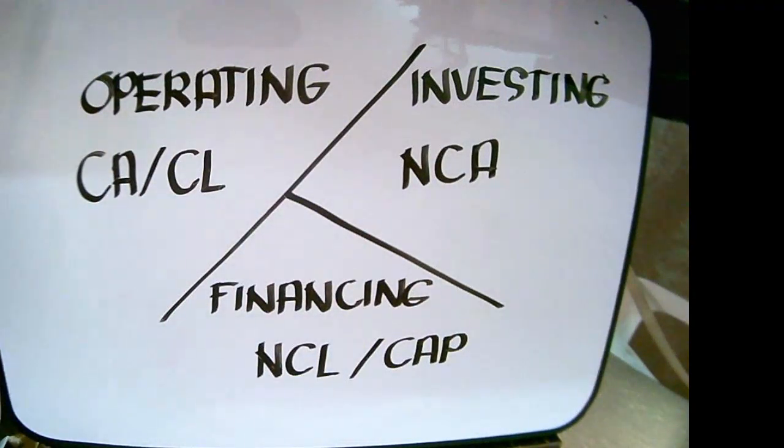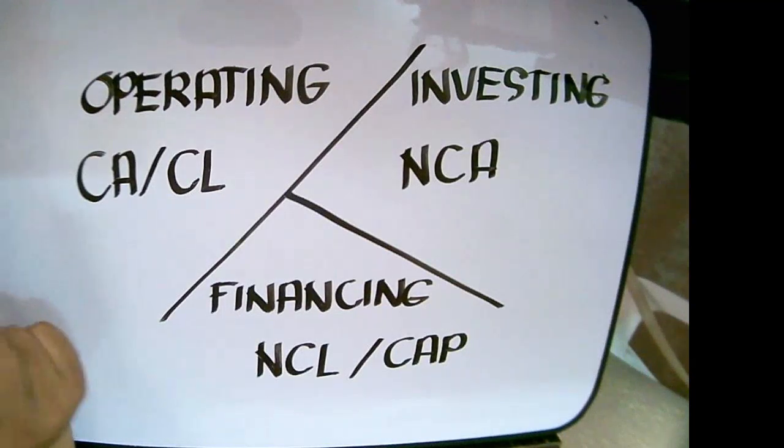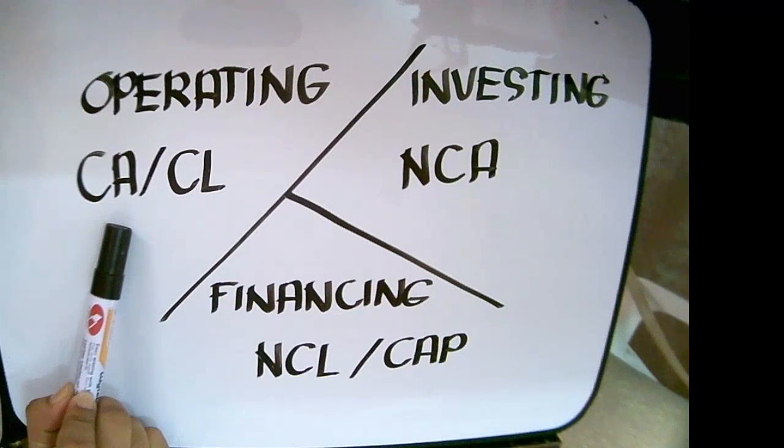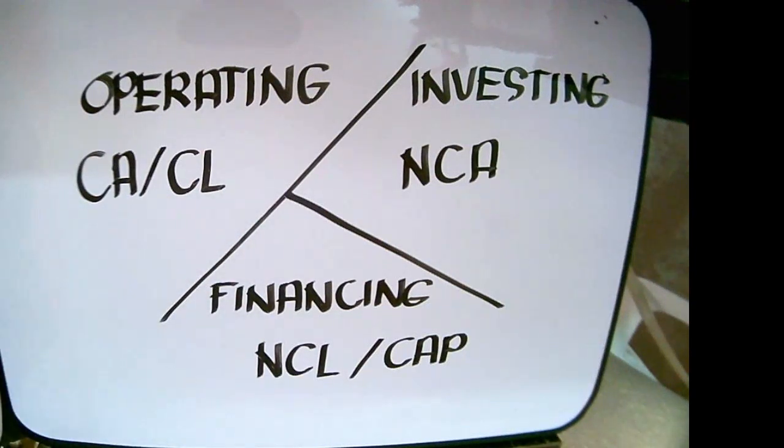So, under operating, ito lang yung mga importanteng dapat natin tandaan kapag gagawa tayo ng statement of cash flows. So, under operating, kapag naapektuhan yung ating current assets and current liabilities, ibig sabihin yung mga current assets natin like cash, accounts receivable, inventory, those are current, prepaid expenses, those are current.